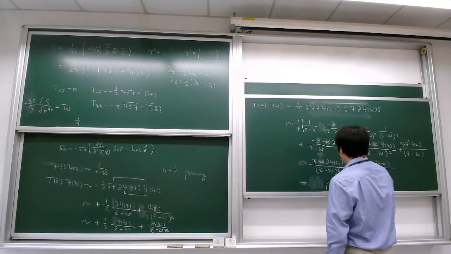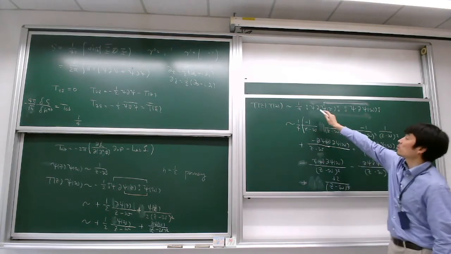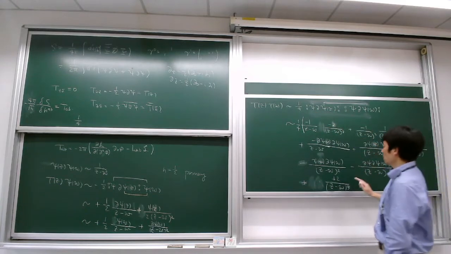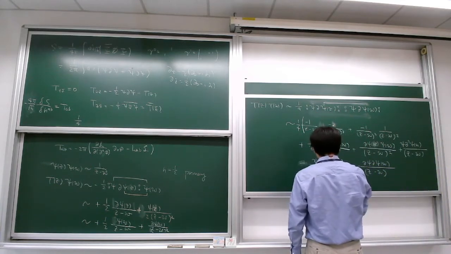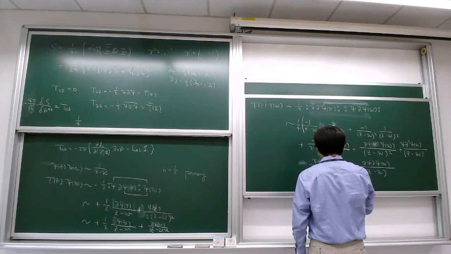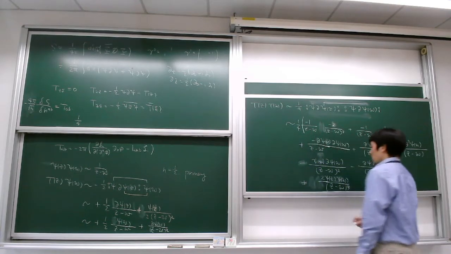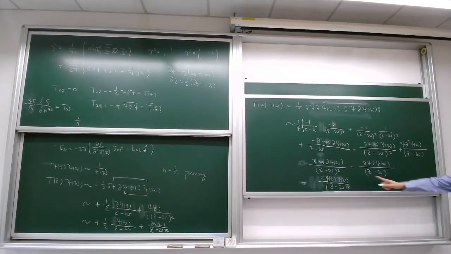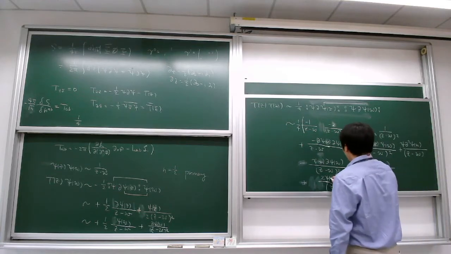So this is plus, and what's left is psi and psi. So you have 2 psi z, psi w. And we do the Taylor expansion. This is the first term.